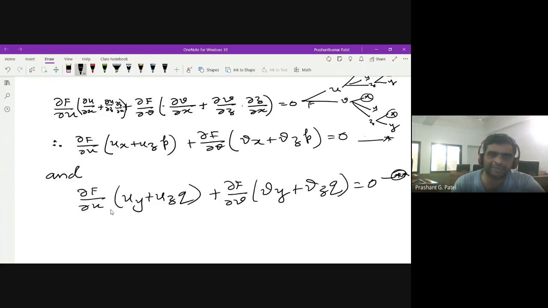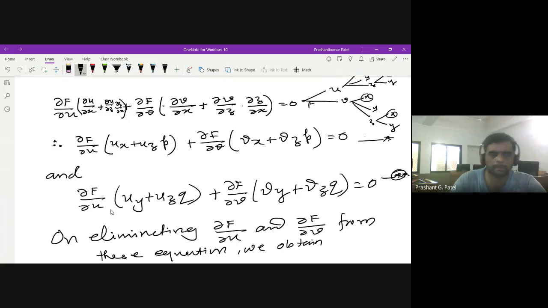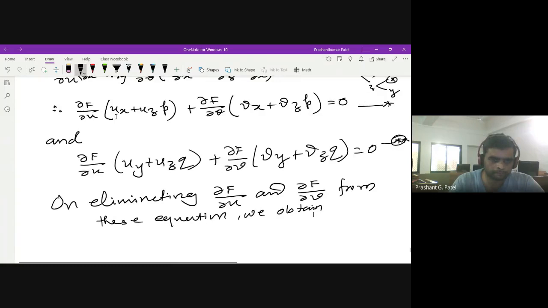Now we have to solve. We need to eliminate del f upon del u and del f upon del v from these equations. What we obtain is, as I discussed earlier, if a1x plus b1y equal to 0 and a2x plus b2y equal to 0, then the determinant of a1, b1, a2, b2 is equal to 0.